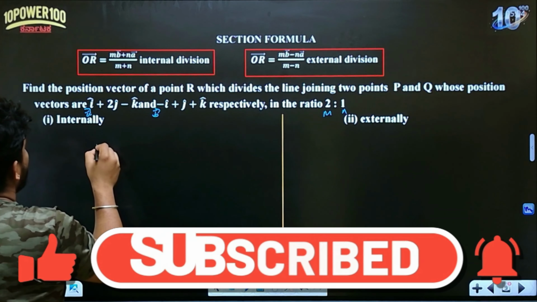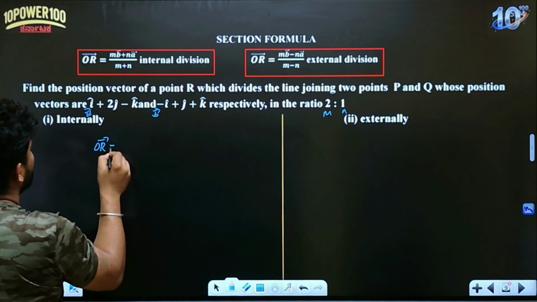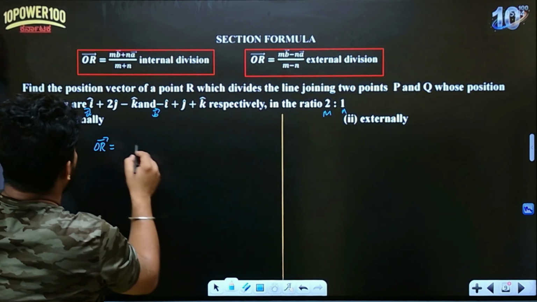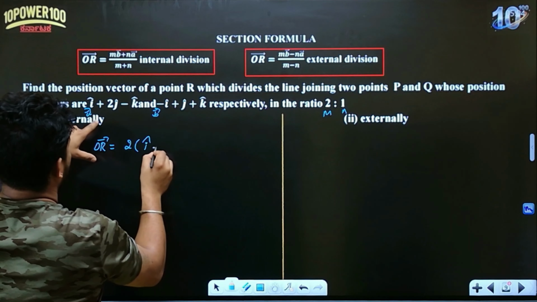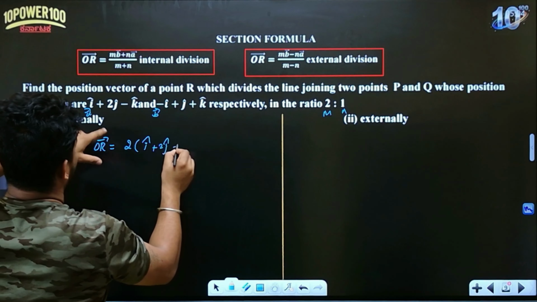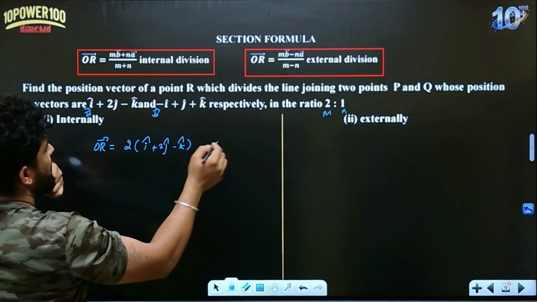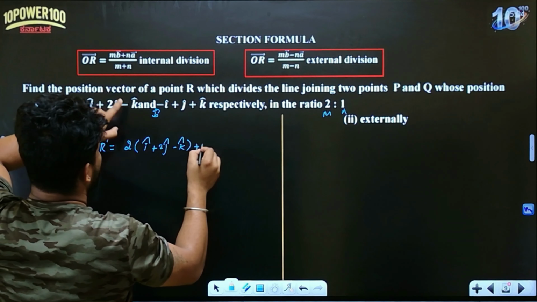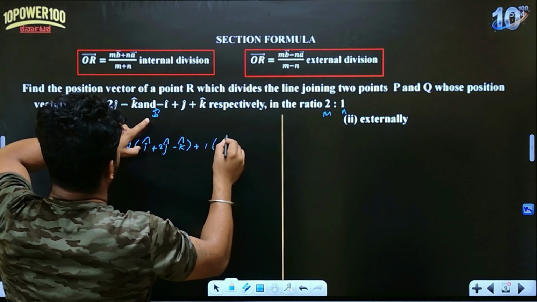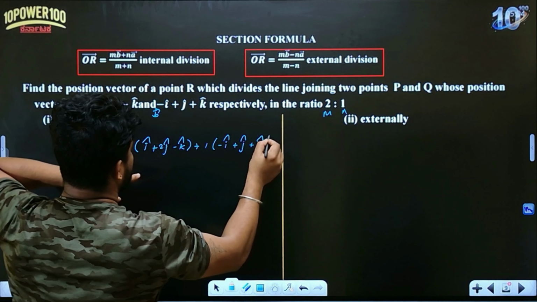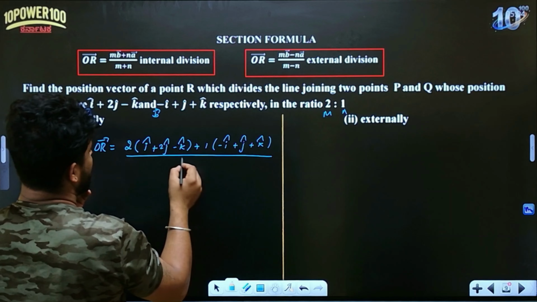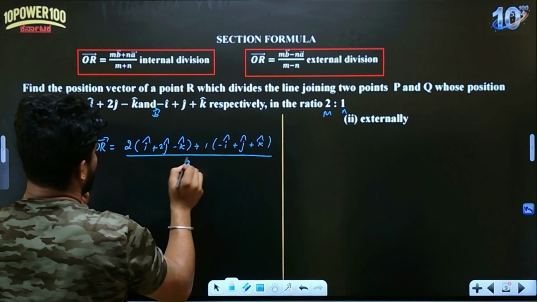Vector OR is equal to, m is 2. So 2 into a vector is 2i cap plus 2j cap minus k cap, plus n is this one, minus i cap plus j cap plus k cap, divided by m plus n, that is 2 plus 1, that is 3.